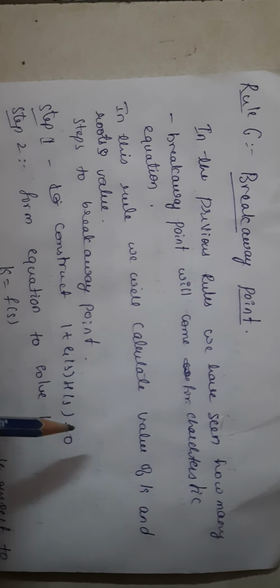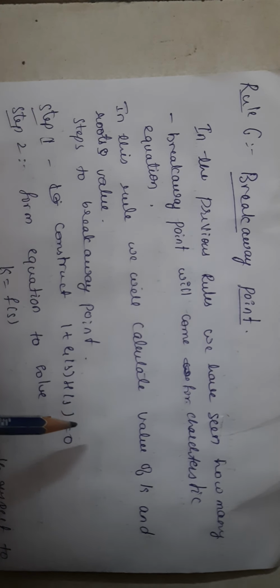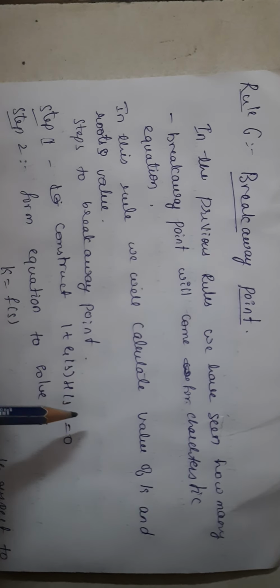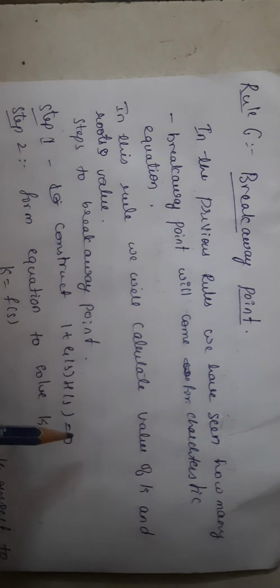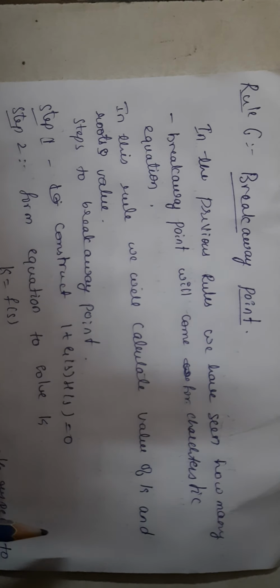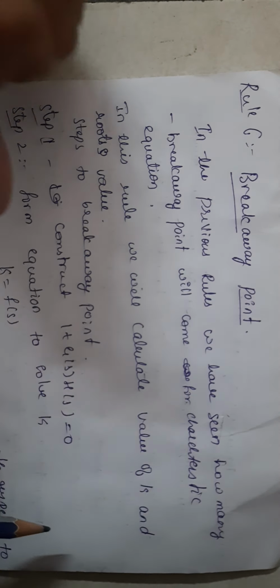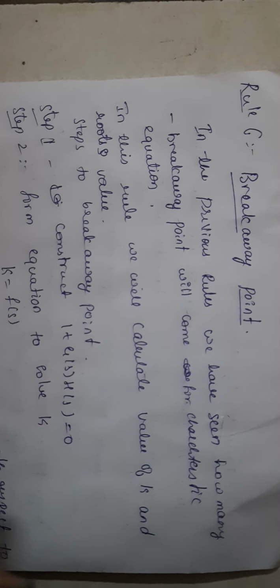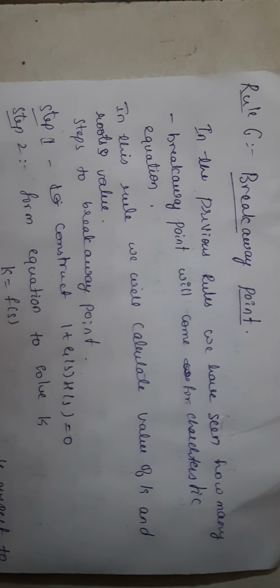The breakaway point means where exactly the root locus has to start. In this we will calculate the k value, and for that k value, what the roots will be.